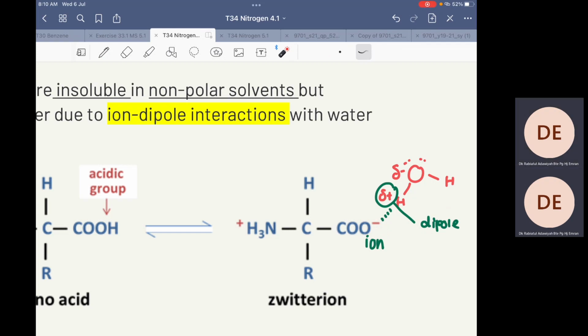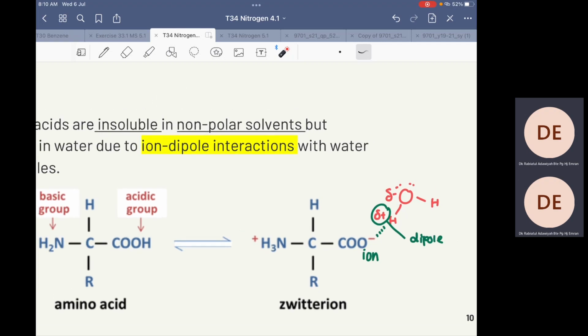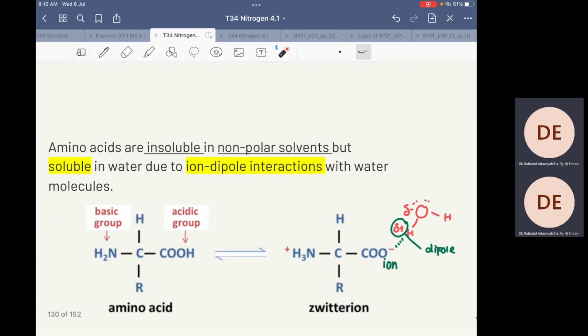This is mentioned in your notes but not highlighted, so please highlight ion dipole interactions with water molecules. The name comes from this attraction. That's not really a hydrogen bond. It's a different interaction, called ion dipole interactions. They will not dissolve in organic solvents. They don't mix with non-polar solvents.